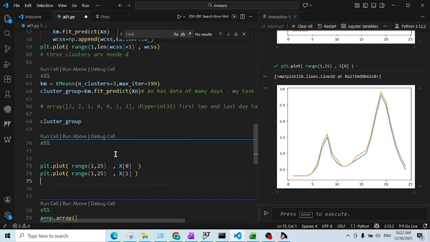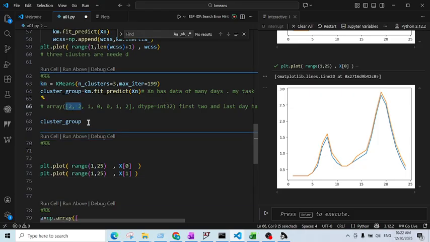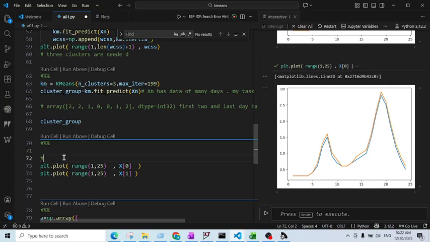Okay, so now you can see that for 2 2, I mean these 2 days have some similarity. So what I have done is find the power versus hour graph. I will now find the hour, which will be on the x-axis, from 0 to 24 hours, and then I will find the first day's value.